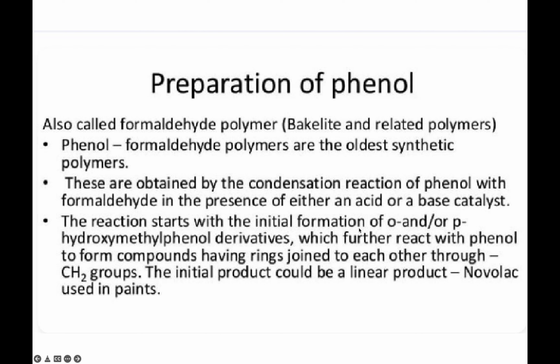The initial formation of ortho or para hydroxymethylphenol derivative is the start of the reaction. Then this reacts with phenol to form ring compounds joined to each other through CH2 groups. Initially we can get a linear product, Novolac, which is used in paints.